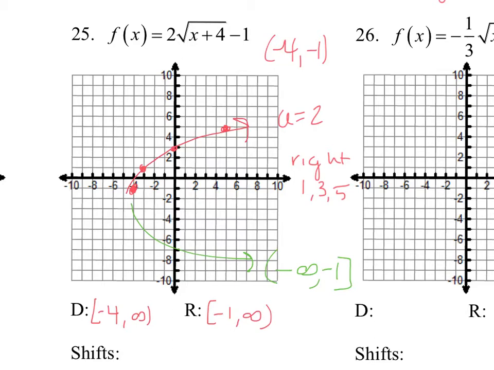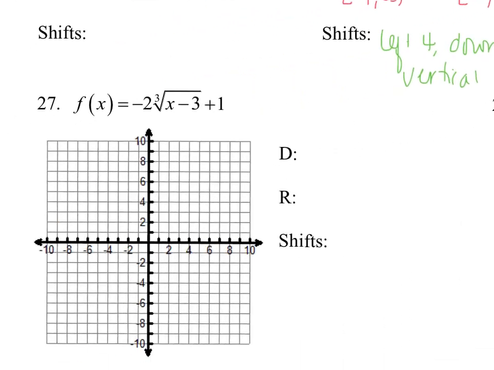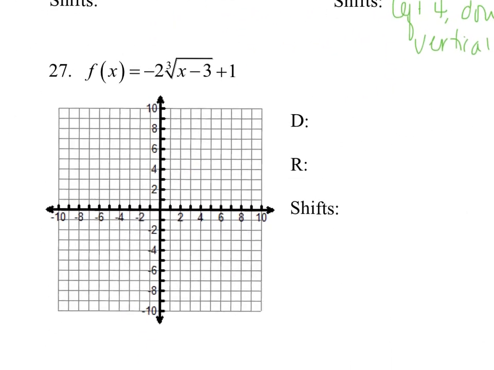Alright, and then the shifts were left 4, down 1, and a vertical stretch. Okay. Alright, let's go ahead and take a look at number 27.